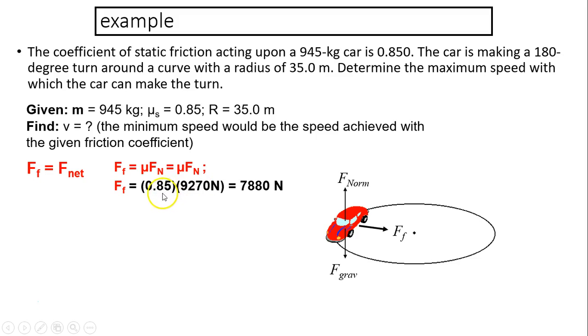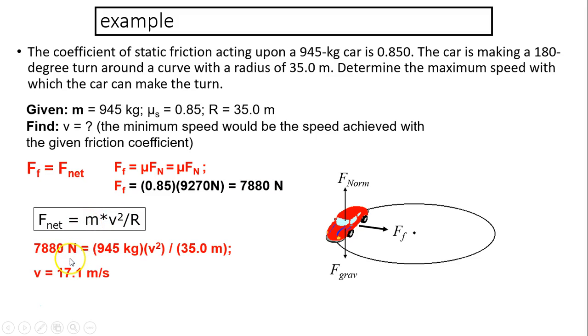So this is mu s, 0.85. This is Fn. How did I get Fn? Fn equals mg, 945 times 9.81. So I get a total of 7,880 newtons.